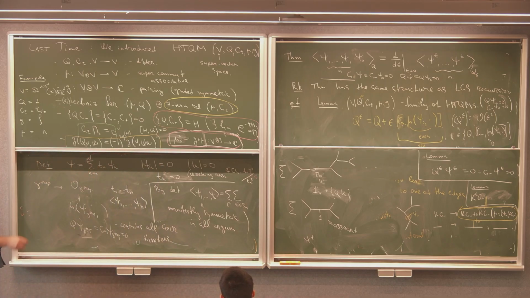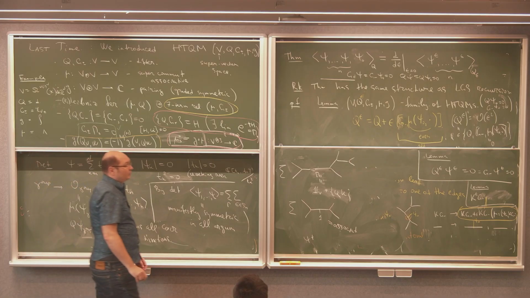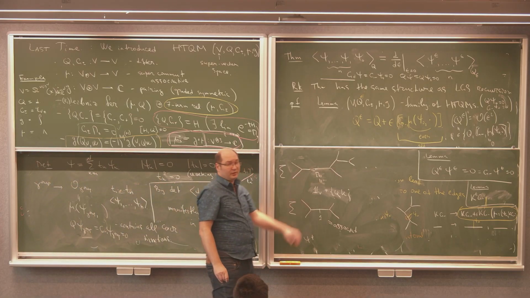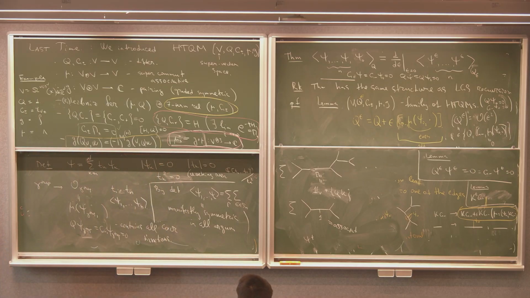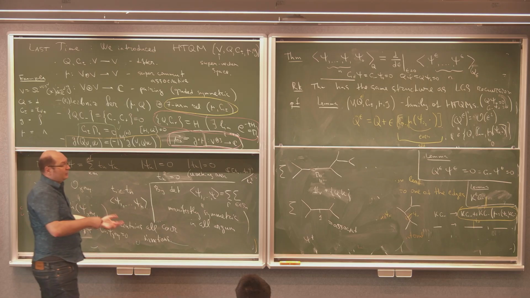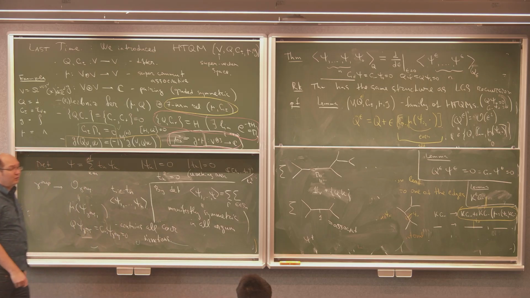So we move Q all the way to the leaves, and all our states are Q closed. And the price for that would be generating some terms with G minus insertions, and these terms will once again be cancelled due to this seven-term relation of G minus. So that is the essence of their proof of WDVV for HTQM.